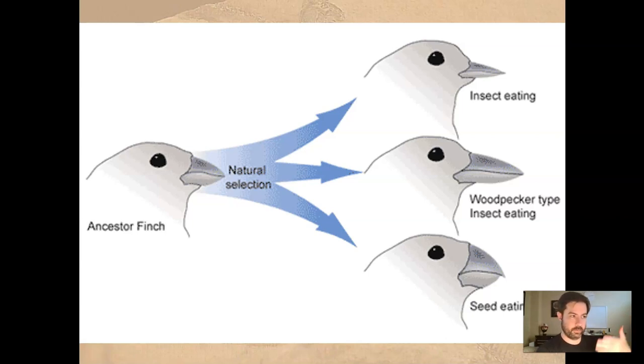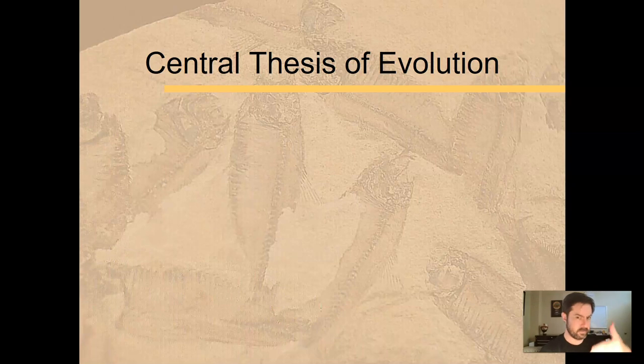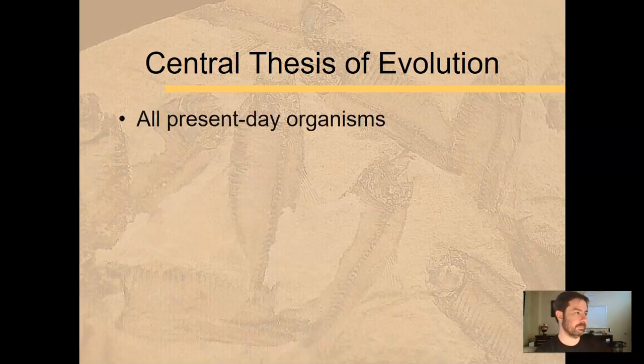So the only ones left were the ones with a particular different beak, and that became the selected trait that was passed on. And so evolution happens between generations, not like all of a sudden I'm going to change to a different beak. It just happens over generations. So over time, geologic time, deep time.